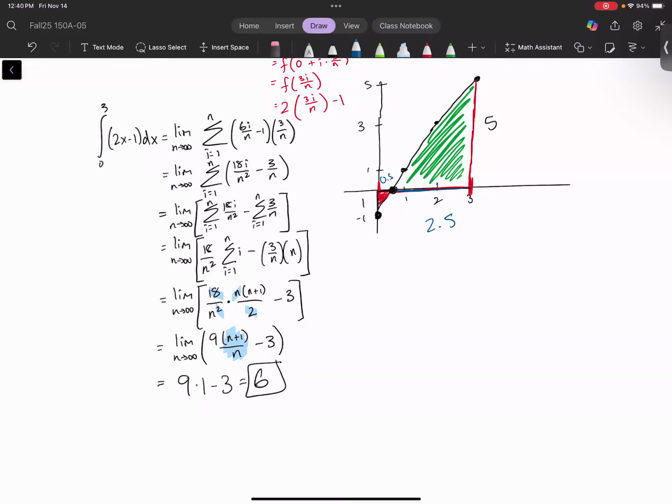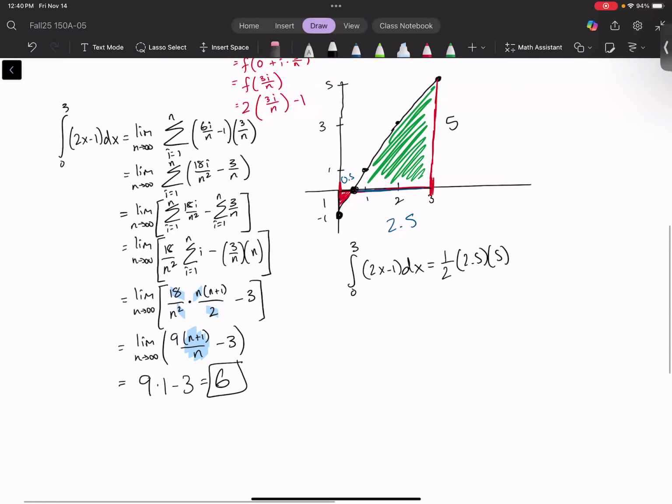Okay, so we're doing signed area. So my integral of 2x minus 1: my area above the x-axis has positive area, so it's a half times 2.5 times 5, right? That's the area of the green triangle. Then minus the area of the red, because that's below. So a half times 0.5 times 1.